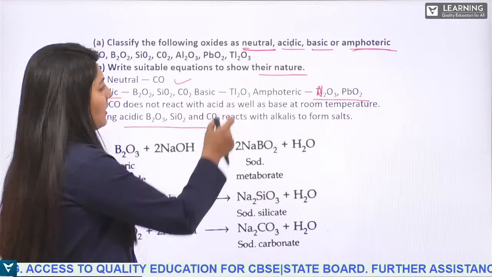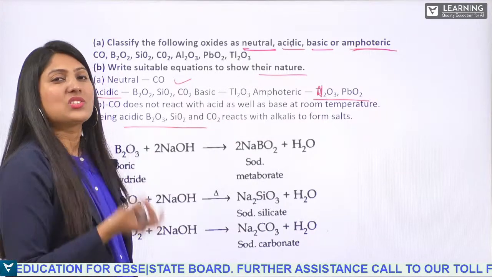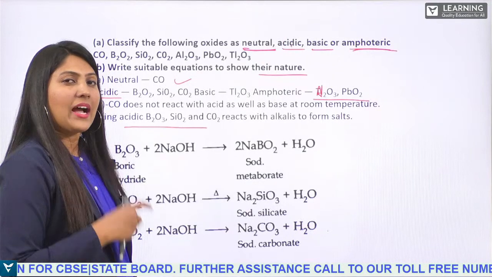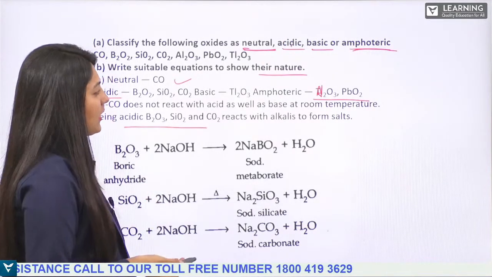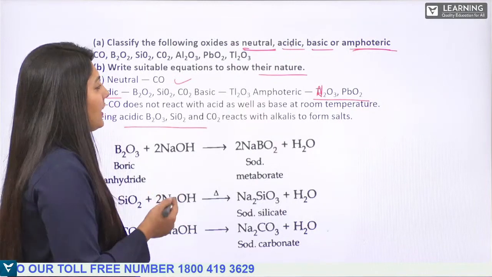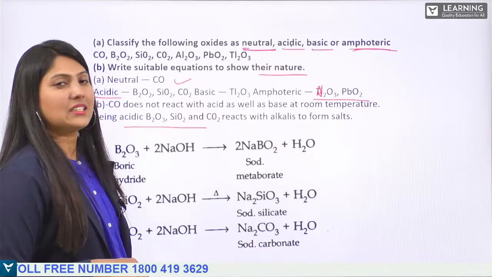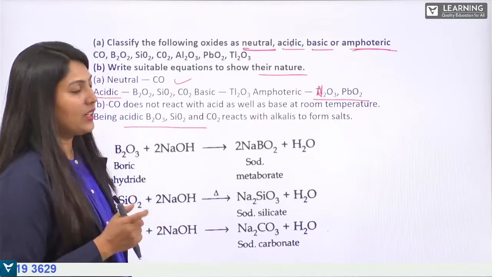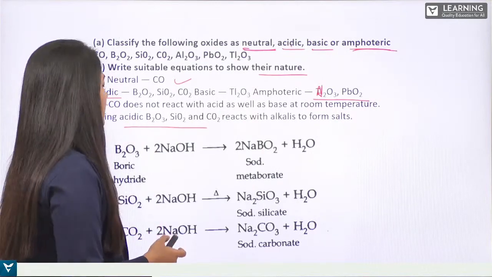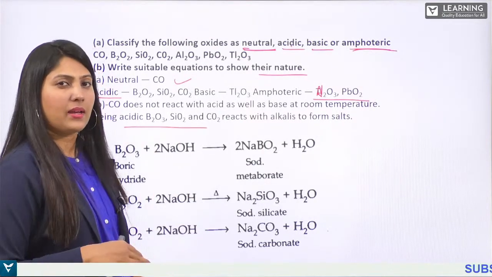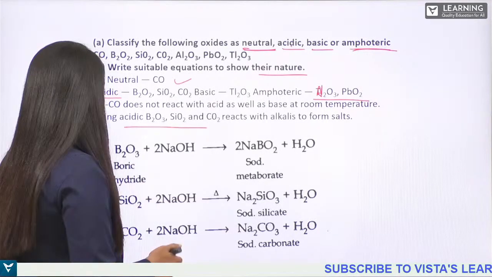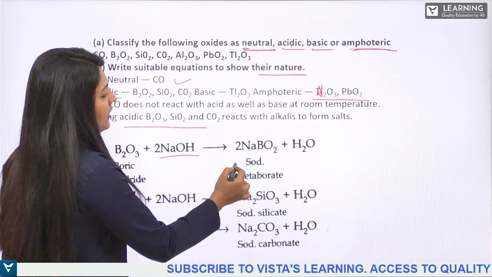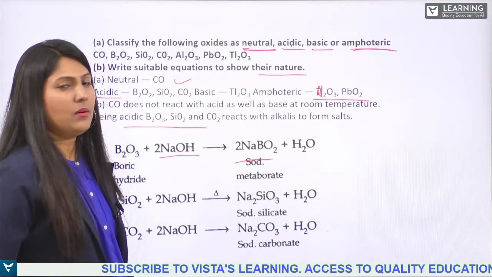Whereas thallium oxide reacts with acid to form salt, and hence we can consider it as basic in nature. Whereas for amphoteric, aluminium and lead, they react with both acid and base, and hence they are called amphoteric in nature. So boric oxide reacts with base and gives you sodium borate.